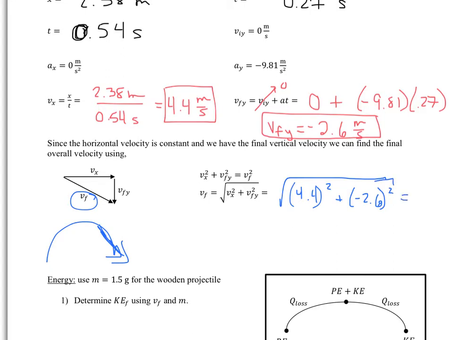So we've got the square root of 4.4 squared plus negative 2.6 squared. And remember, the negative 2.6 squared has got to be positive because you're squaring it. So you don't even really need the negative there. I'm getting 5.1 for mine.